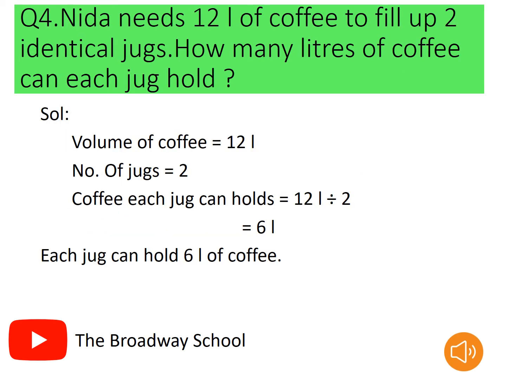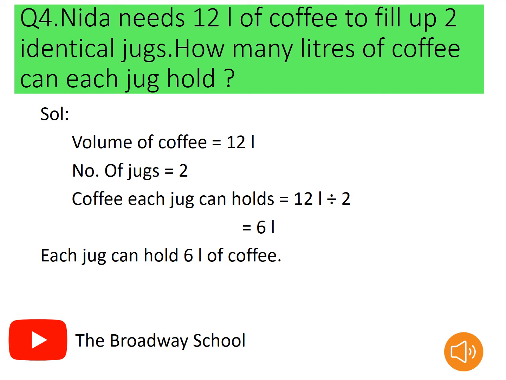Number 4. Nida needs 12 liters of coffee to fill up 2 identical jugs. How many liters of coffee can each jug hold? We know the volume of coffee is 12 liters in total, and we have 2 jugs, but we do not know the volume of coffee in each jug.